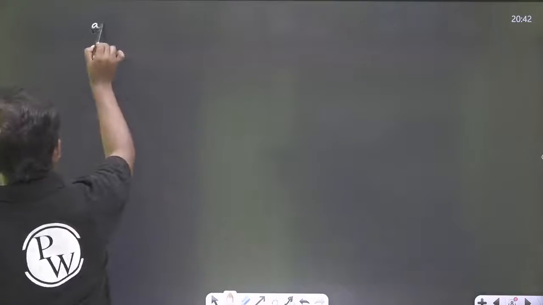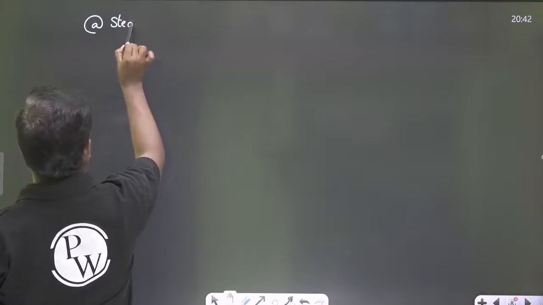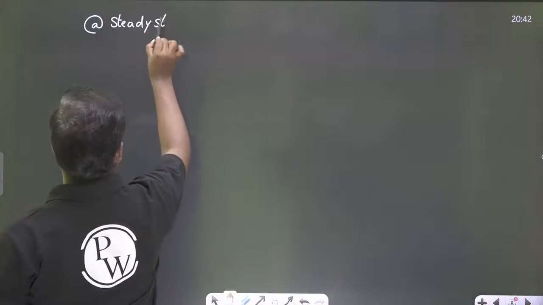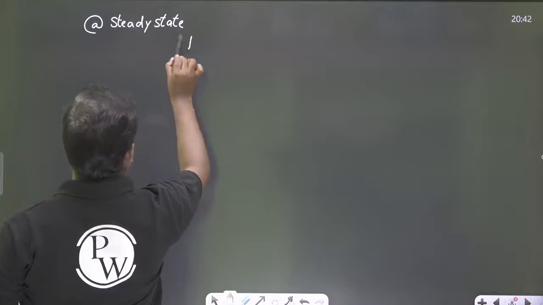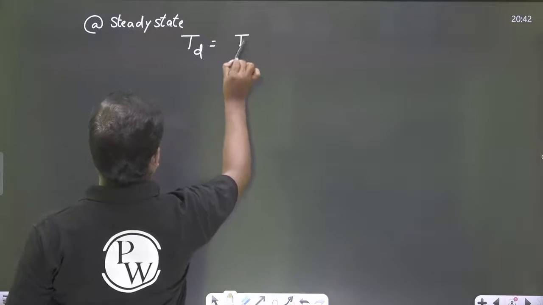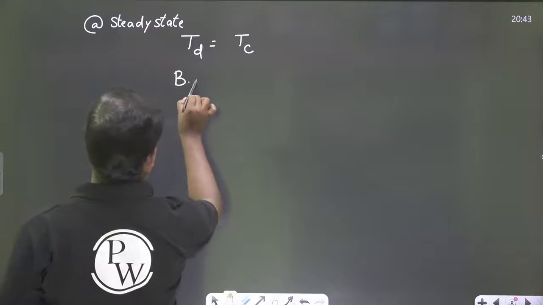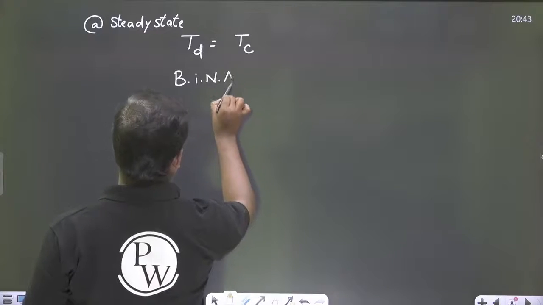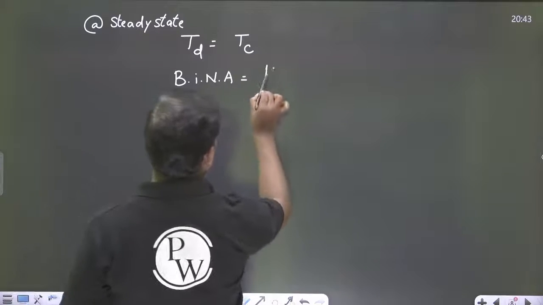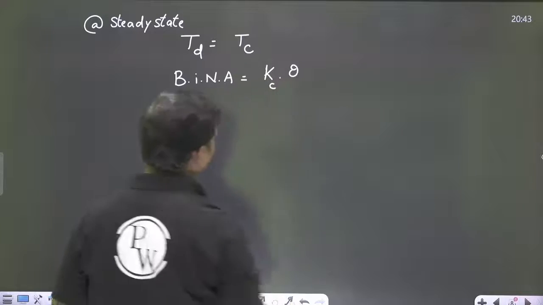So at steady state, what can we write? At steady state, the deflection torque and the controlling torque both are equal. The deflection torque formula is given by BINA, and the controlling torque formula is given as Kc into theta.